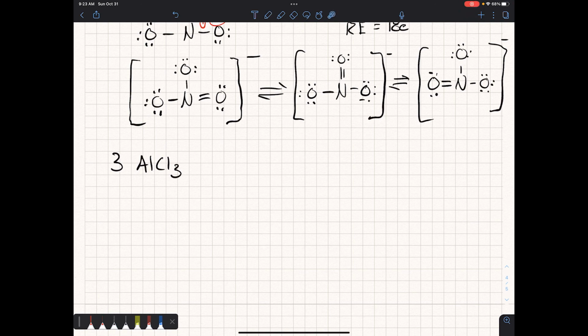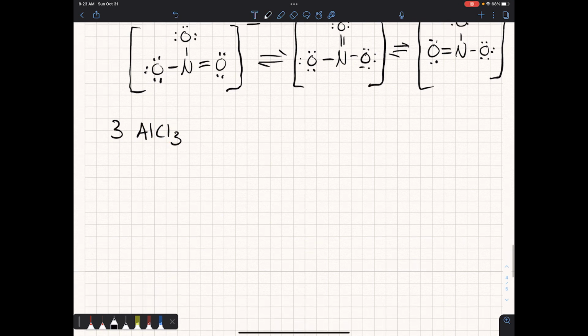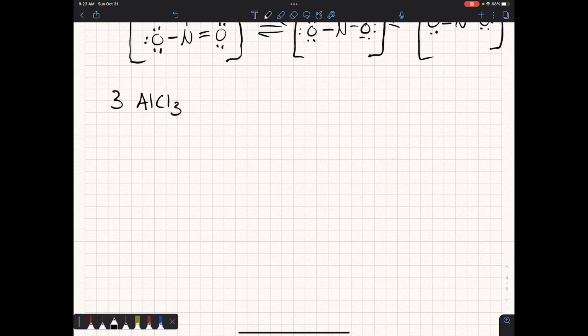You should notice that aluminum is a metal and chlorine is a nonmetal, so that means we're forming an ionic bond. You might also use your knowledge of electronegativity to calculate the electronegativity difference, and that can tell you about the character of the bond.